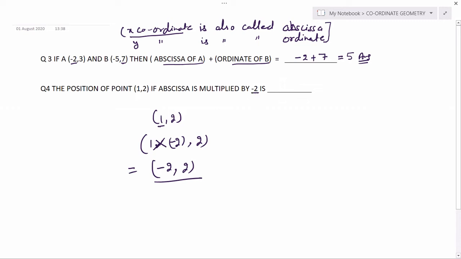I am only multiplying the abscissa, so I have to multiply 1 only. 1 multiplied by -2 will give me -2, and this 2 will come as it is. Now you can see where this point will lie.